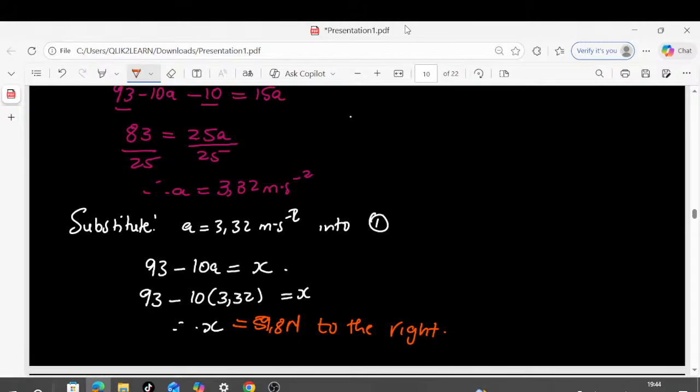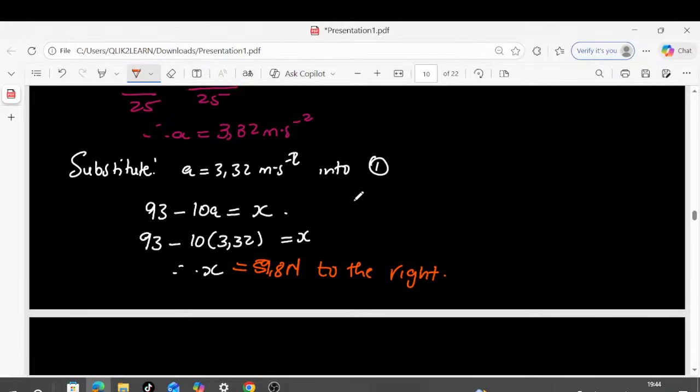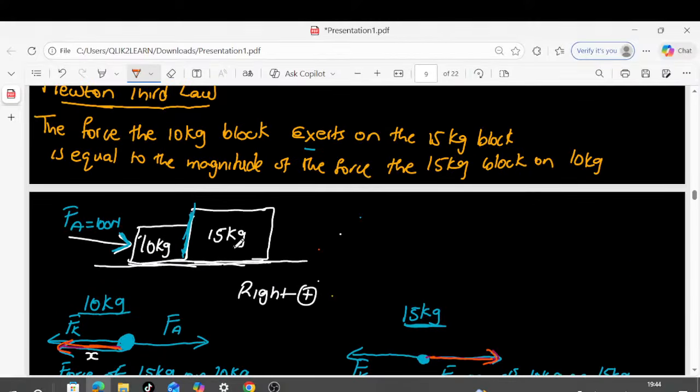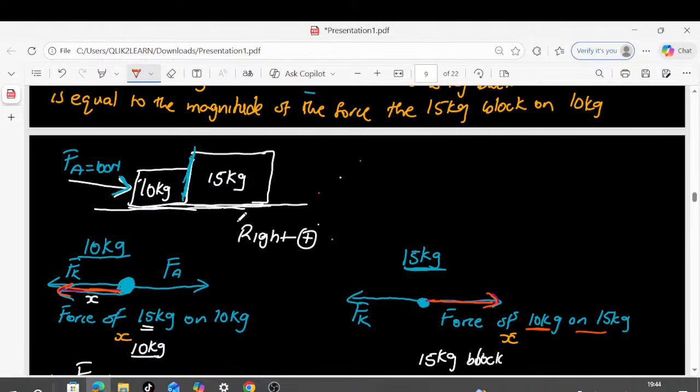I want us to look at a hanging object. When I say a hanging object, let's say that you see these two blocks, the 10 kg block and the 15 kg block. We're going to change these two. Maybe we can put the tension in the middle.